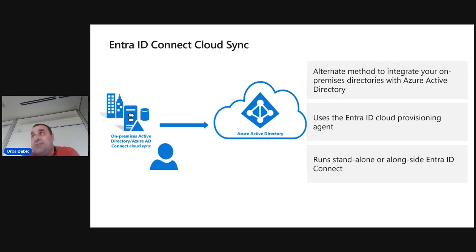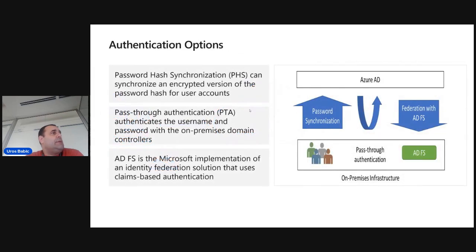And you have different options for integration. Password hash synchronization, that is a sign-in method. You can synchronize the hash of users' on-premise Active Directory passwords with Entra ID. Pass-through authentication, that is the next, that is a sign-in method that allows users to use the same passwords on-premise and in the cloud.